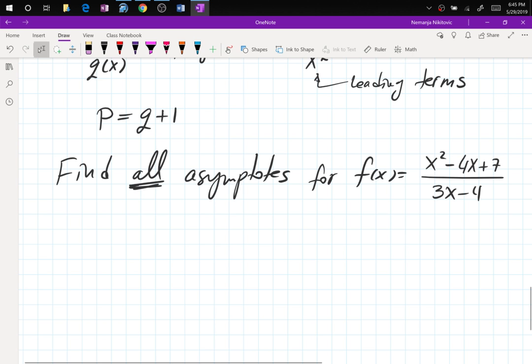We have 3 types of asymptotes. For the vertical asymptote, we set the denominator equal to 0. We get x equals 4/3.